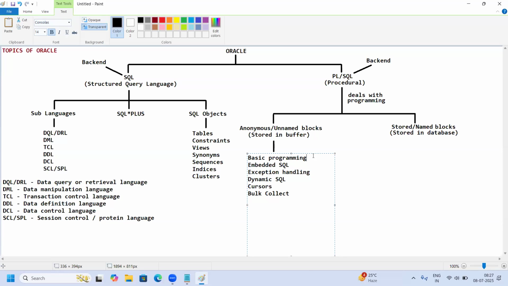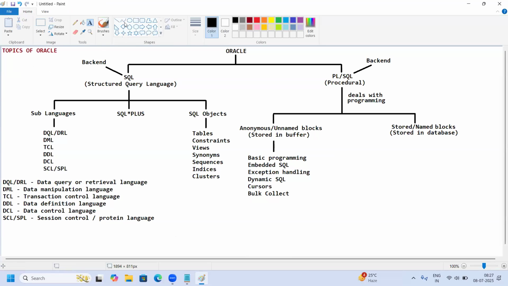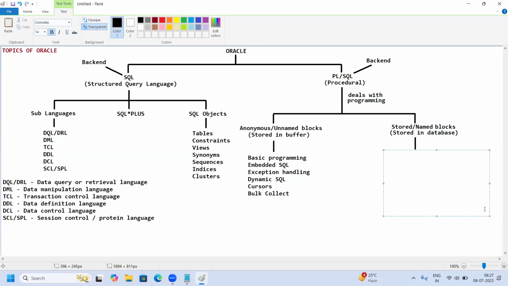And then we go with something called stored block programming. Under stored block programming, these topics will be covered. One, stored procedures.